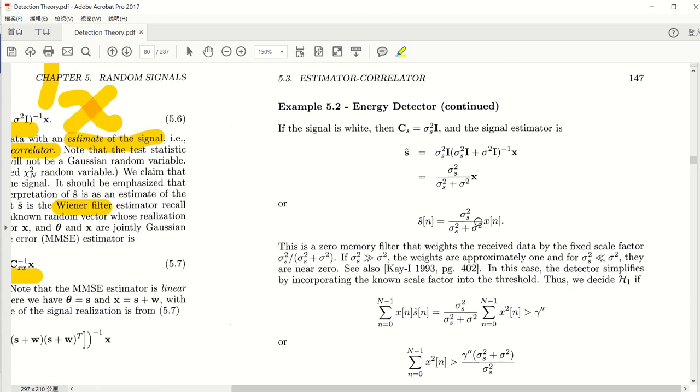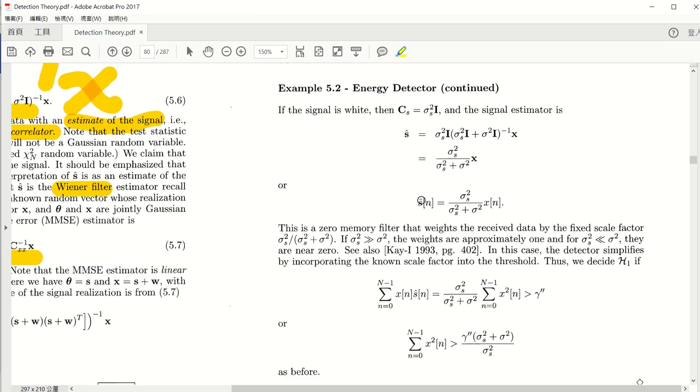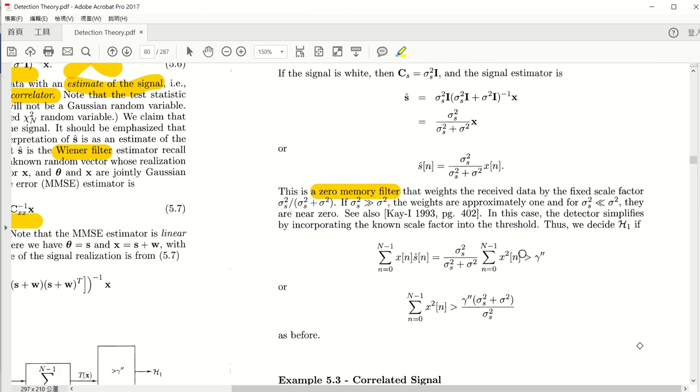Okay, and then if the signal is white, then Cs is sigma s squared times I. The signal estimator is something like this. Then it goes to this. So this is kind of a zero memory filter because s[n] is only related to x[n], by a fixed scale factor.